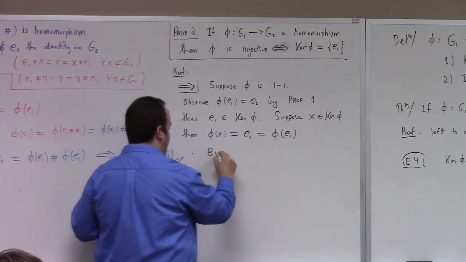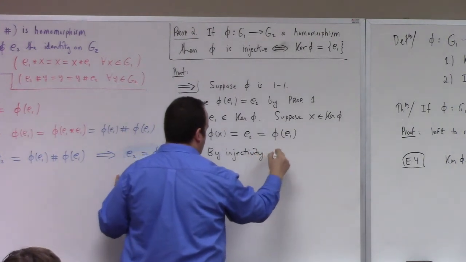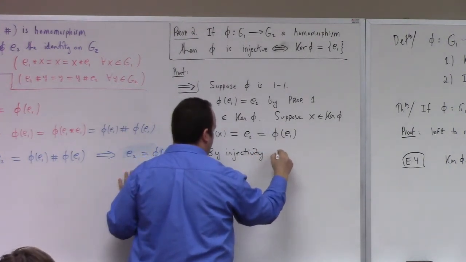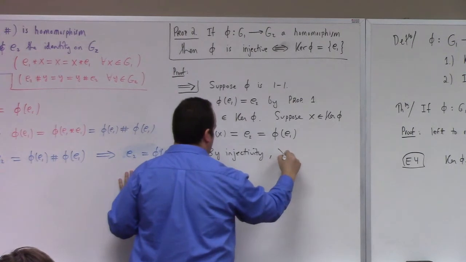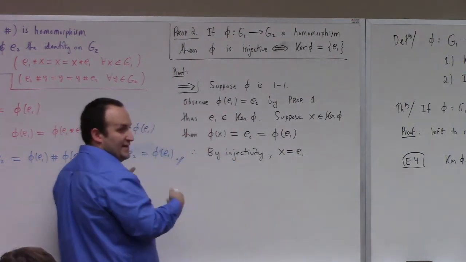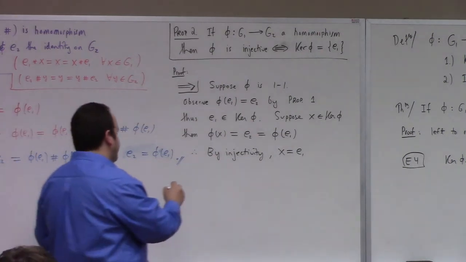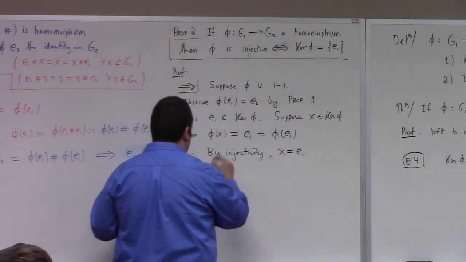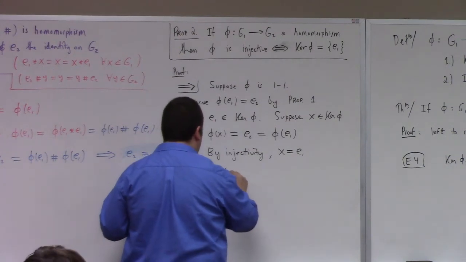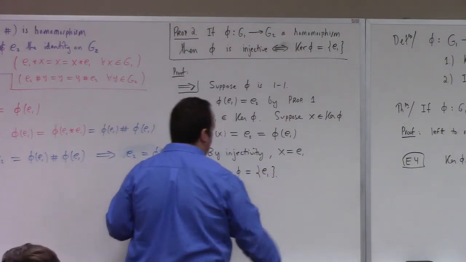Therefore, by injectivity, we have x equals E1. But x is arbitrary, so we've shown that every point in the kernel is the identity E1. Thus, the kernel of phi is equal to the set containing E1.